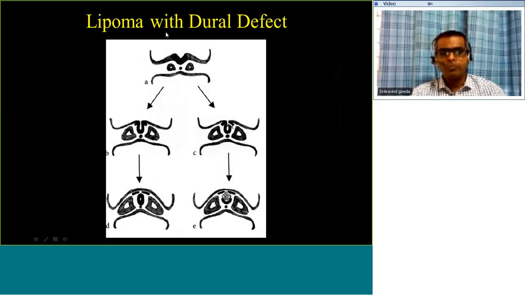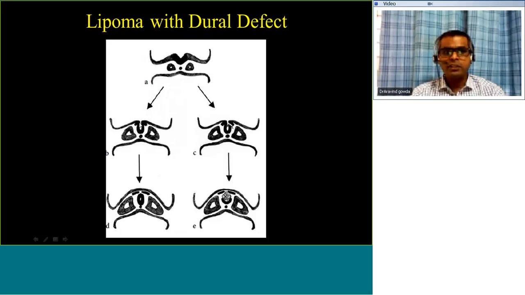So I will go to each entity now separately. Now coming to the lipomyelocele or lipomyelomeningocele, or the lipoma with dural defect. Let us go back to the embryology. As I told earlier, this is the formation of the neural tube. So when the neural tube is forming, before the fusion of these neural folds, that is before the formation of the neural tube itself, when there is disjunction of the ectoderm, this is the epidermal tissue, from the primitive neuroectoderm, then the mesenchymal tissue can enter in between that.